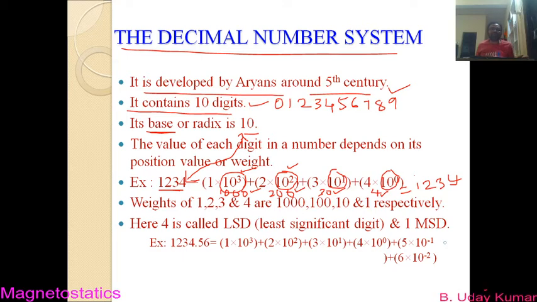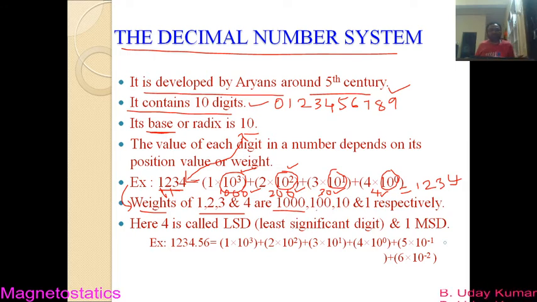A fraction also can be written as 10 power minus 1, and the next digit will have a value of 10 power minus 2, and so on. From this example, the weights of 1, 2, 3, 4 are 1000, 200, 30 and 4.